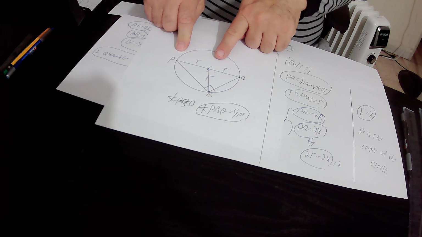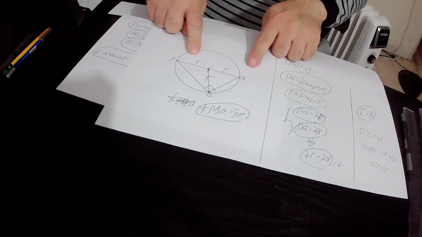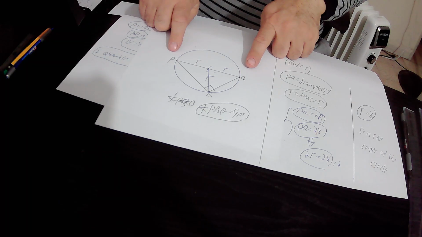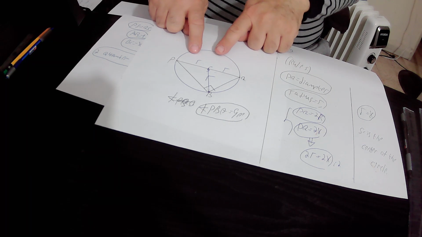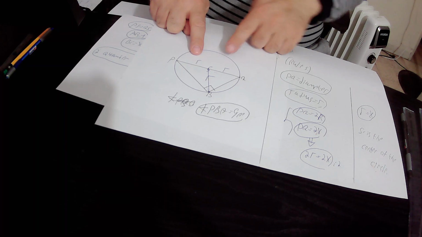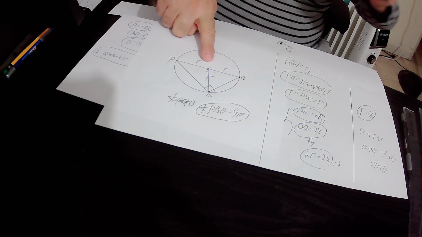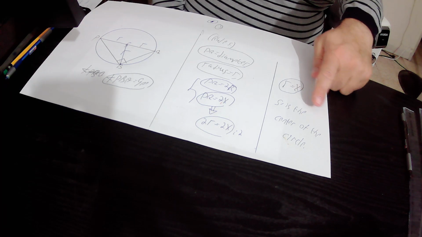So we found out that PS equals X and X equals R, and SQ equals X and X equals R. Okay, so PS equals R and SQ equals R. And at point S, the two radii touch each other. Because at point S the two radii touch each other, it means that point S is the center of this circle. Okay, point S is the center of the circle.